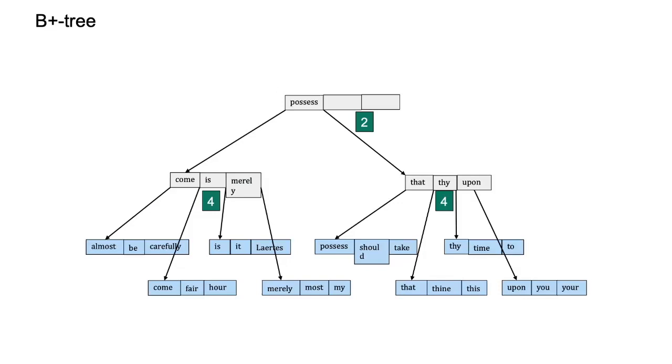A B plus tree looks like this. I warned you, it's not fully standardized. People define B plus trees in different ways. If you look at different textbooks, if you look at the Wikipedia page and so on, there's a lot of conventions. So in order to isolate you from all of that, I gave you one convention, which is the D+1, 2D+1 convention. I warn you that the number of children is not the same as the number of keys in a node, because you have one more child.